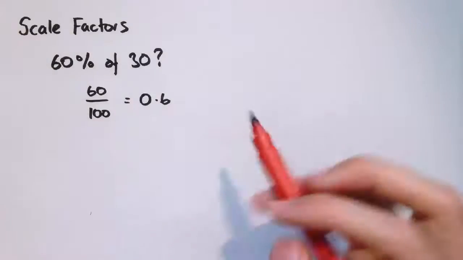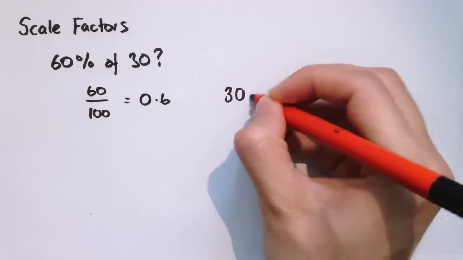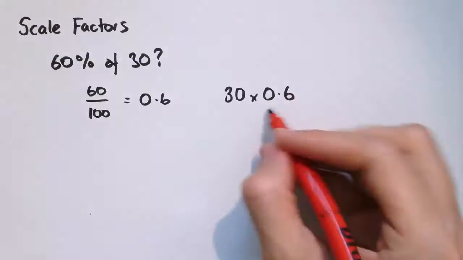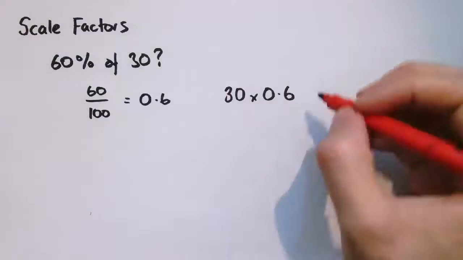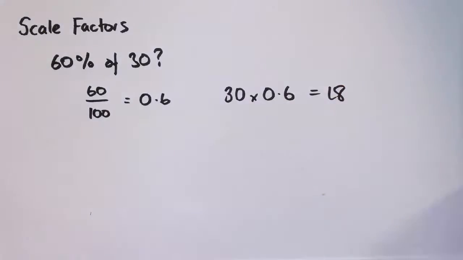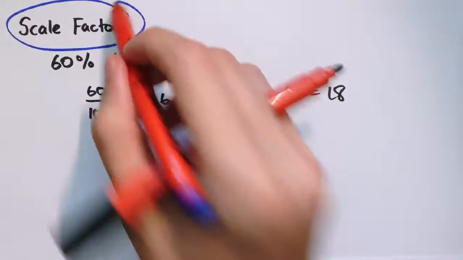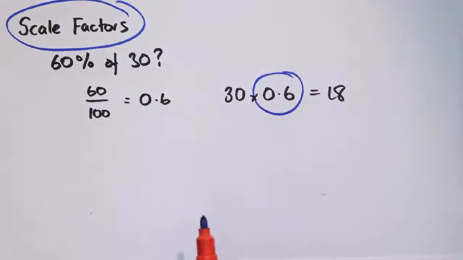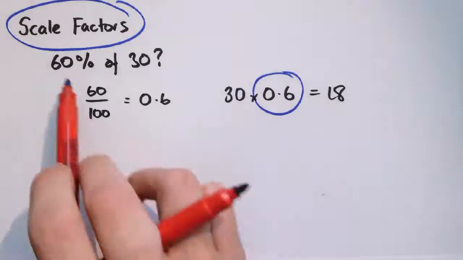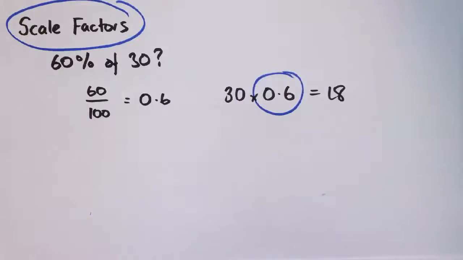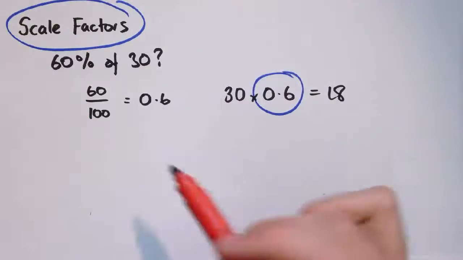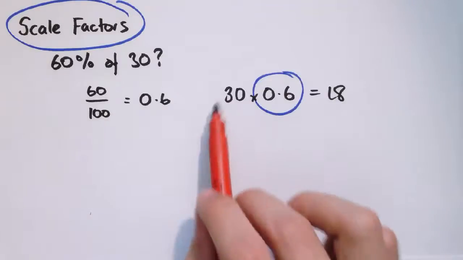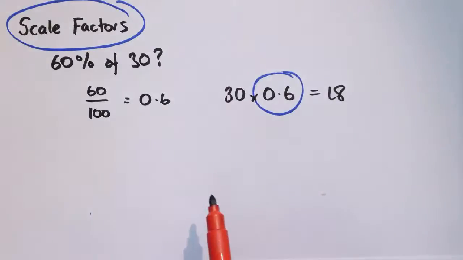And to work out 60% of 30, we can do 30 times 0.6, multiplied by that scale factor, and get 18. So the scale factor here I'm really thinking of is 0.6. I've converted the percentage to a scale factor. You could think of the percentage itself as a scale factor as well, and multiplied it by the amount, and that's given us the new value, which is 18.